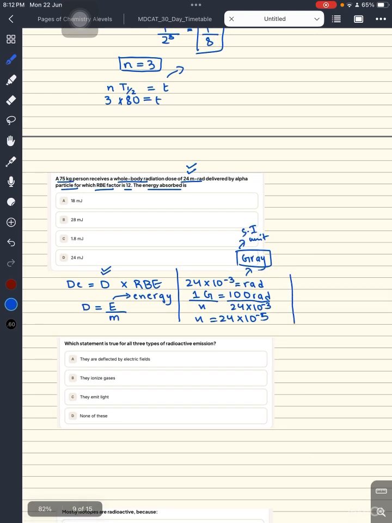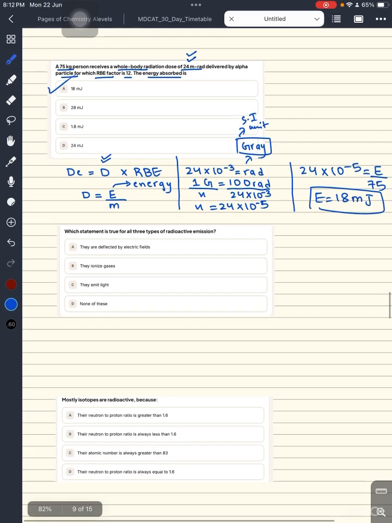So D will be equal to 24 multiplied by 10 to the power minus 5 equals E upon M. We have M as 75, and here we get our answer, E equals 18 mJ.